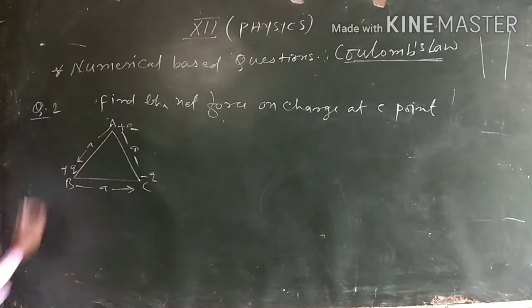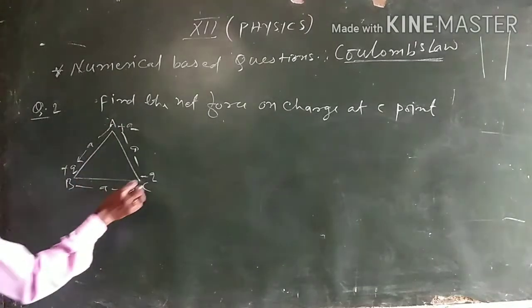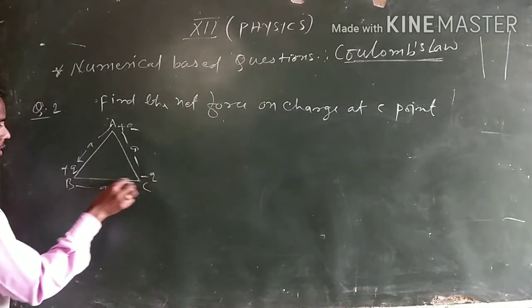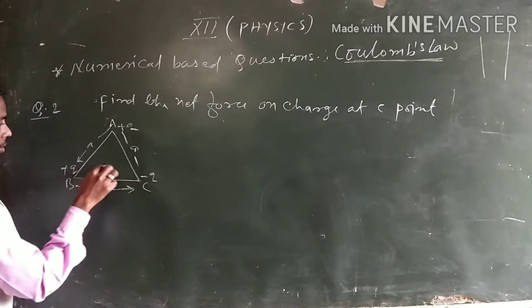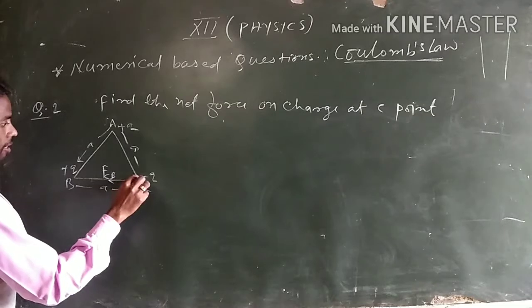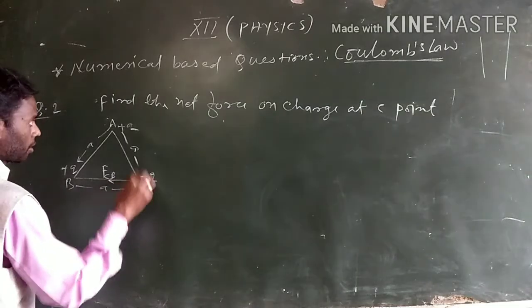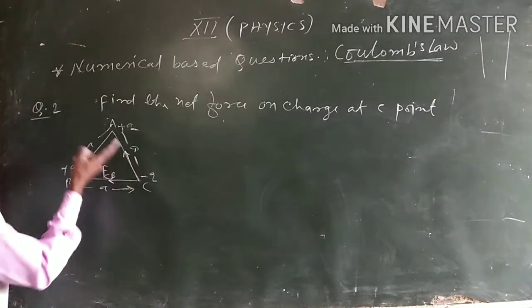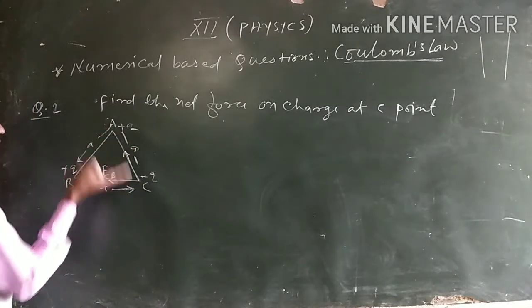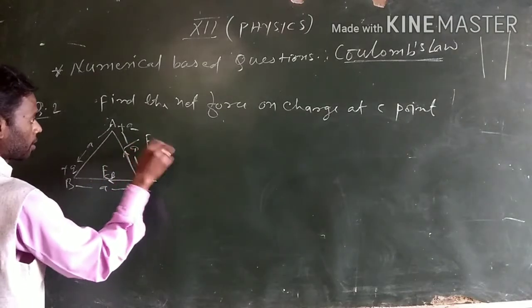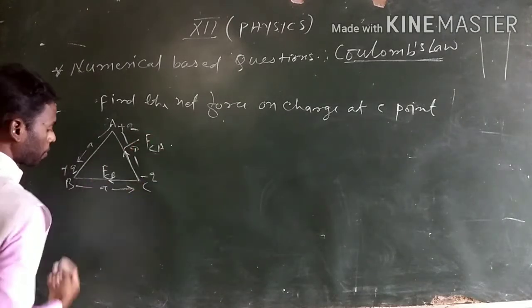Then we have to find the force at point C. Now the direction of the force F_C due to B will be this side, and the direction of the force at C due to A will be this side. Why? Because one is negative and one is positive, so it will be attractive.